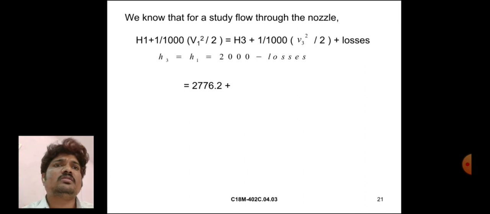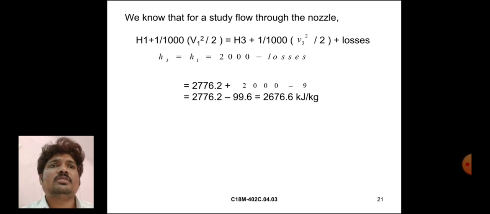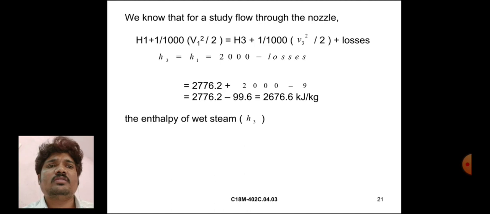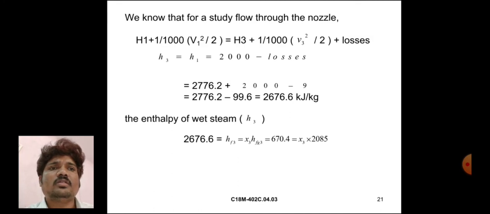So H3 is equal to H1 plus V1 square by 2000 minus V3 square by 2000 minus losses, 2776.2 plus 4.05 minus 94.6 minus 9, which is 2676.6 kilojoule per kg. The enthalpy of wet steam H3 is 2676.6, equal to HF3 plus X3 HFG3, 670.4 plus X3 into 2085, therefore X3 is 0.962. Answer.